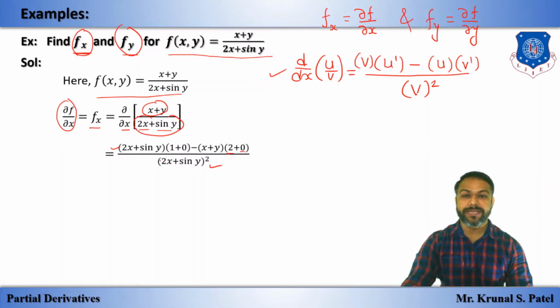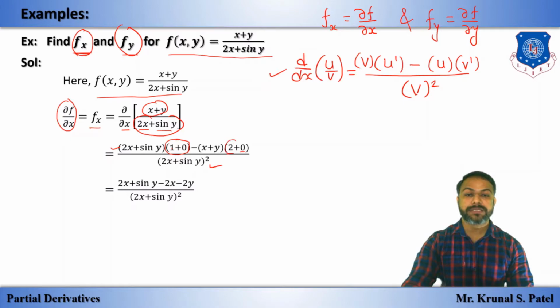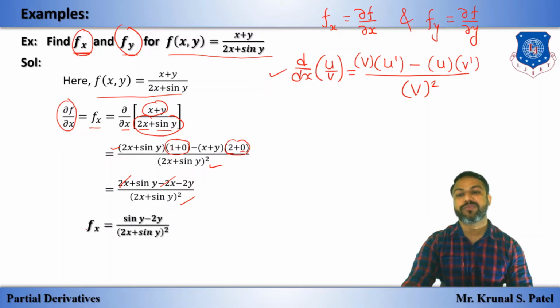By simplifying, we multiply this 1 plus 0, that means 1, with this bracket, and 2 plus 0 means 2 with this bracket. So we have 2x plus sin y minus 2x minus 2y, and the denominator as it is. Now by cancelling 2x and minus 2x, the remaining part is sin y minus 2y upon the denominator as it is, which is our final answer fx.